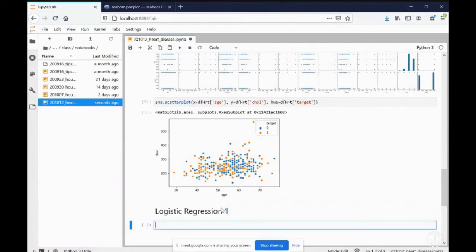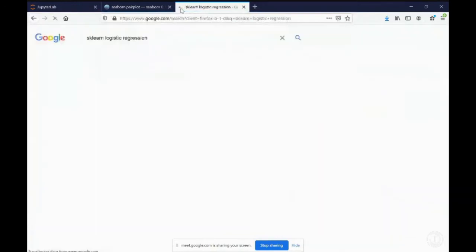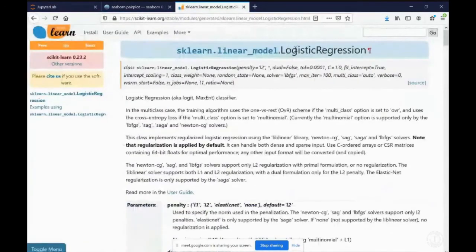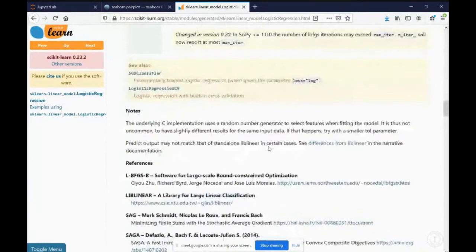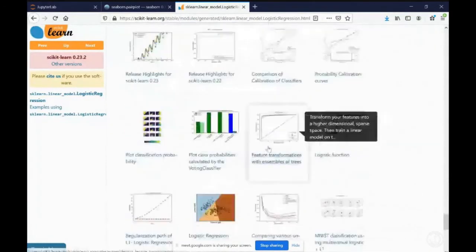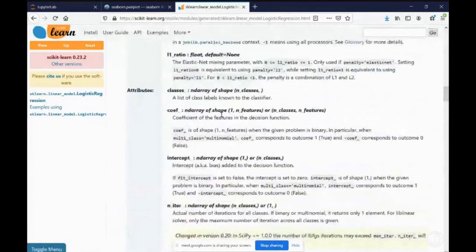Go find out where that library is in sklearn. It's sklearn logistic regression. It's in linear model, just like linear regression was, but it's called logistic regression. There are many parameters we can set.